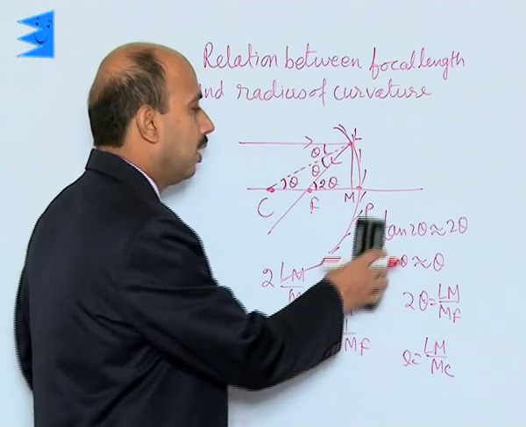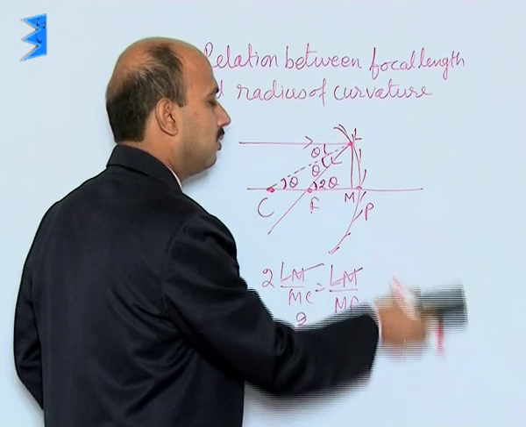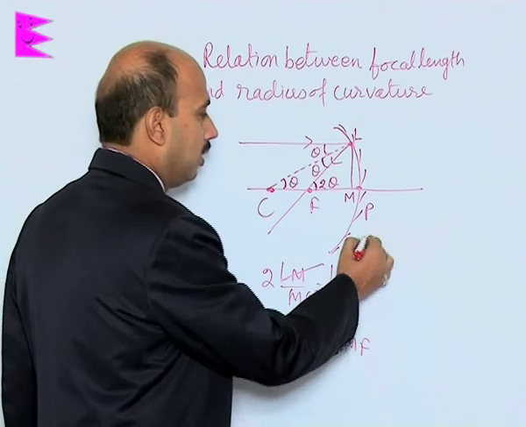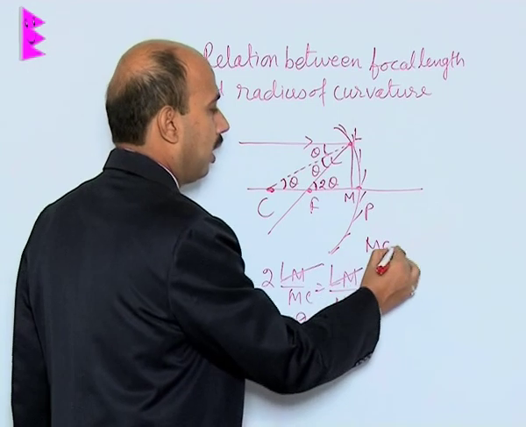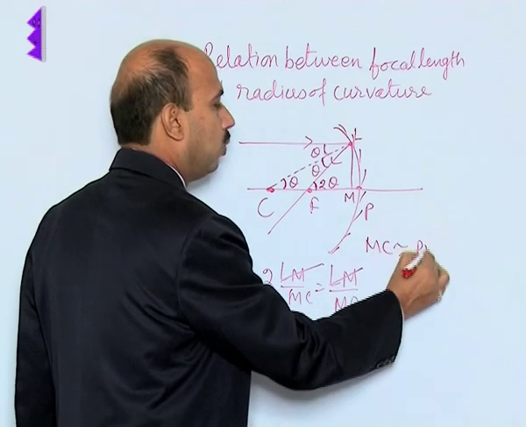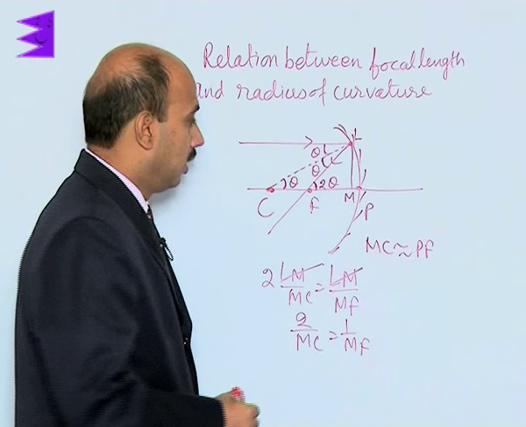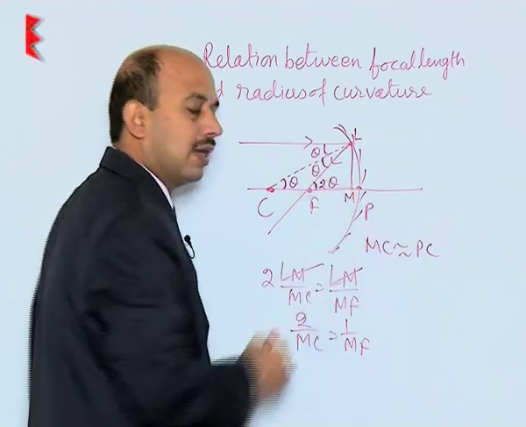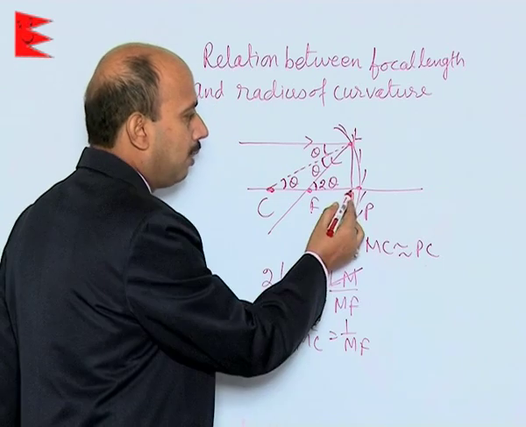Now, see here, this mirror has a small aperture. So, we can also write MC is approximately equal to PC. So, M and P are considered very close. So, M and P are very close.